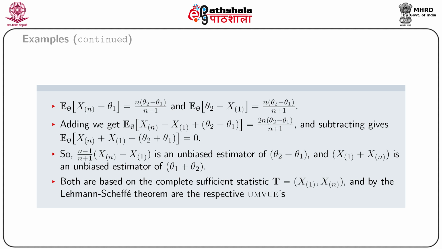Therefore, X ordered n plus X ordered 1 is an unbiased estimator of theta 1 plus theta 2 based on the complete sufficient statistic T. Hence, by Lehmann-Scheffé theorem, it is the UMVUE of theta 1 plus theta 2.